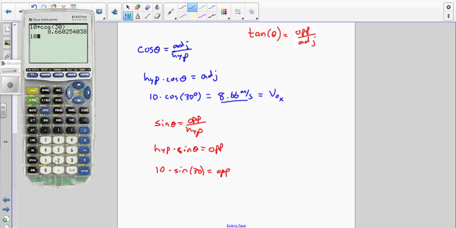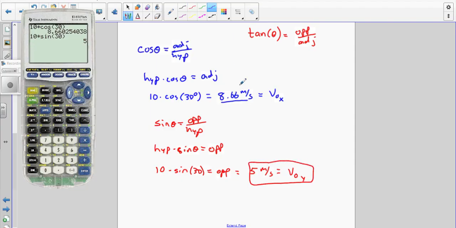Again, in my calculator, 10 times sine 30, close the parentheses, hit enter, and I'm getting 5 meters per second. So again, it's meters per second because the hypotenuse had units of meters per second. This is the vertical component of the initial velocity. So I could call v initial y 5 meters per second.